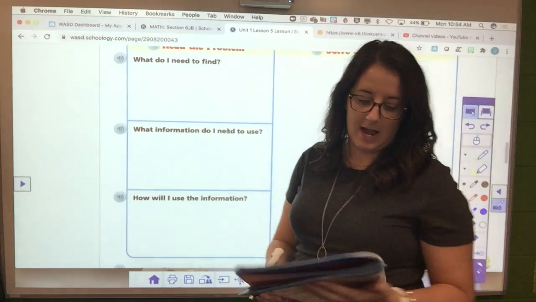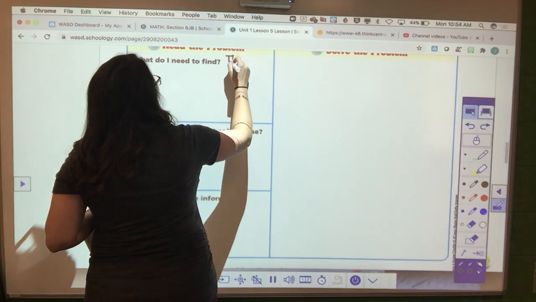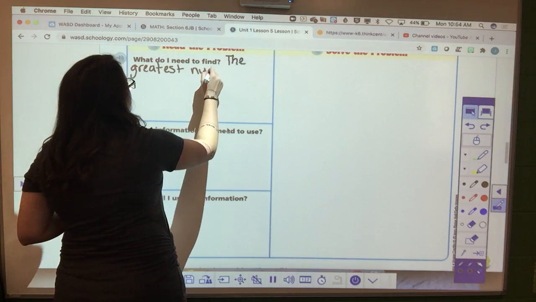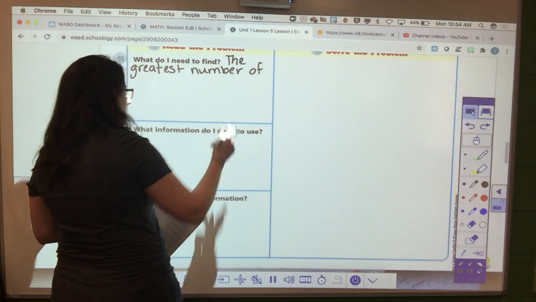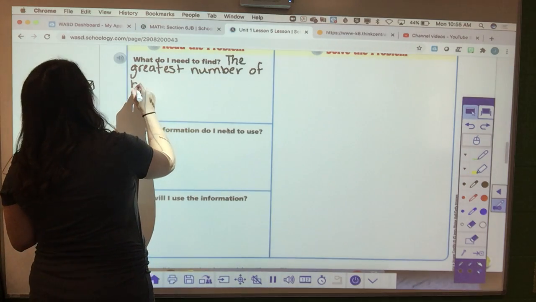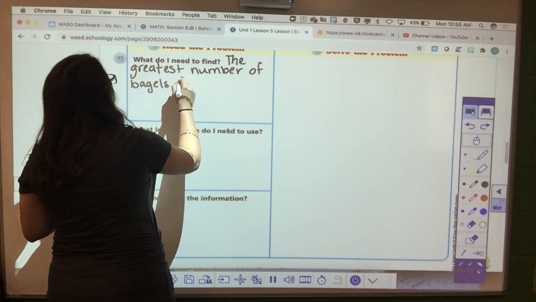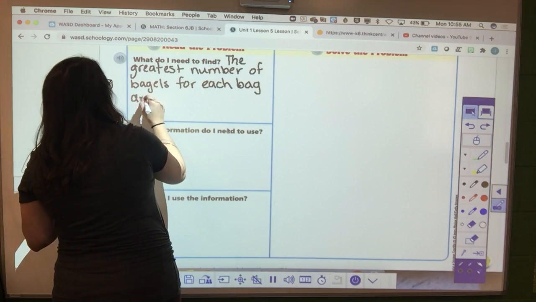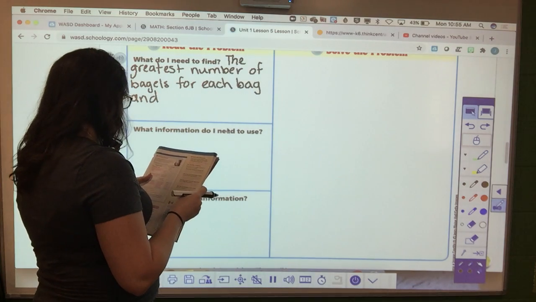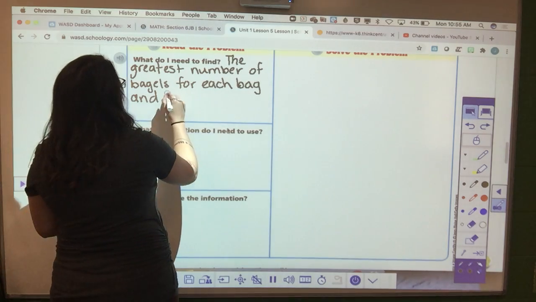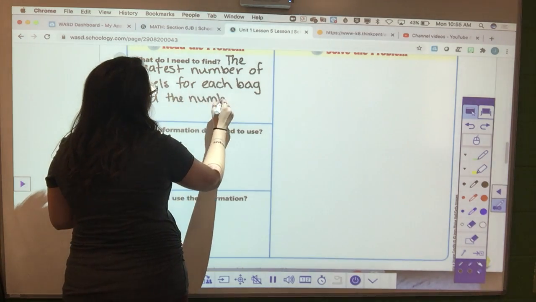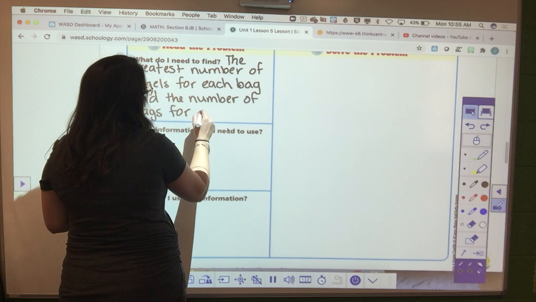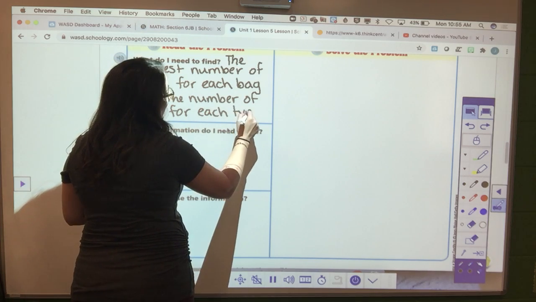What do I need to find? I need to find the greatest number of bagels for each bag, and remember we're answering two questions, and the number of bags for each type, because they have to be in separate bags.